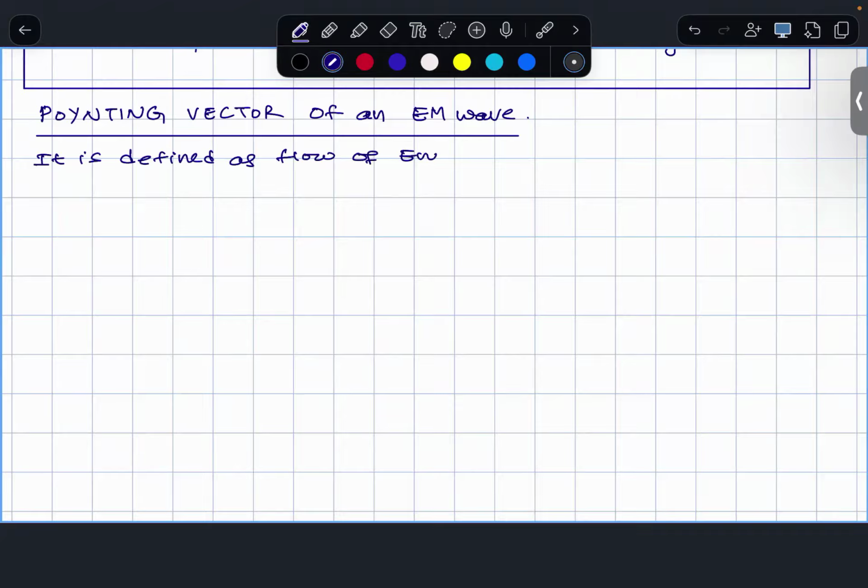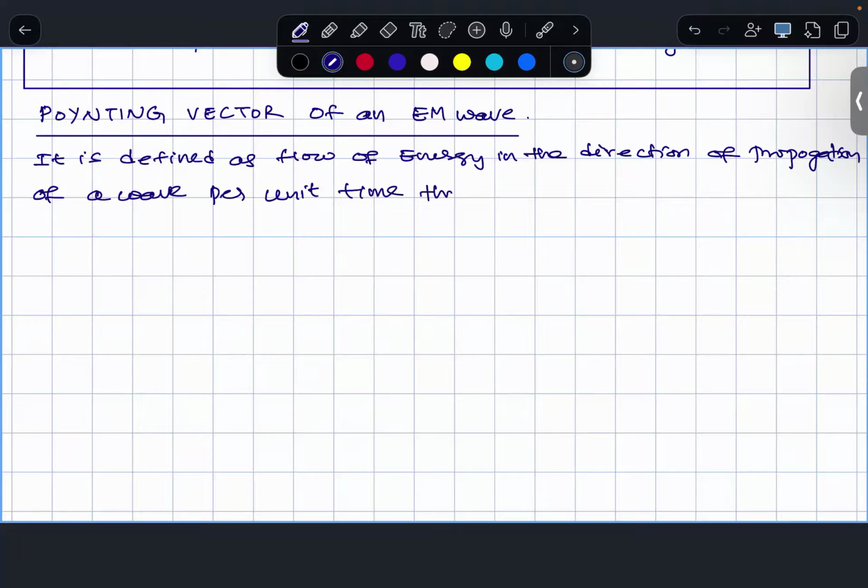It is defined as the flow of energy in the direction of propagation of a wave per unit time through a unit cross-sectional area perpendicular to the direction of propagation.